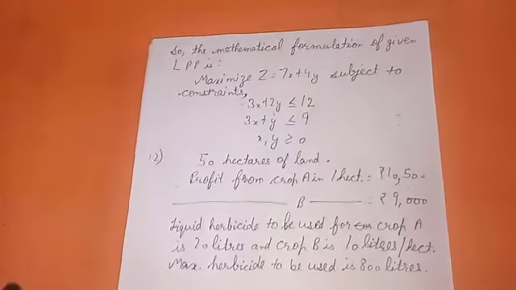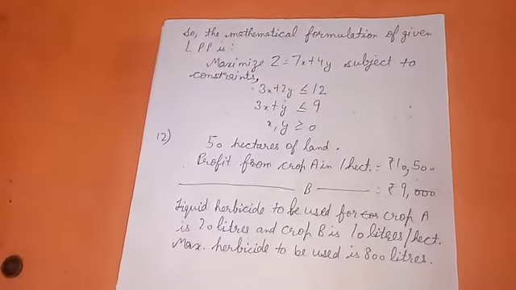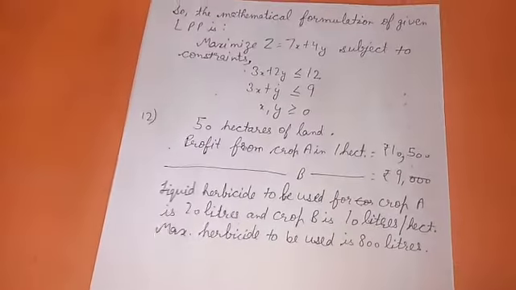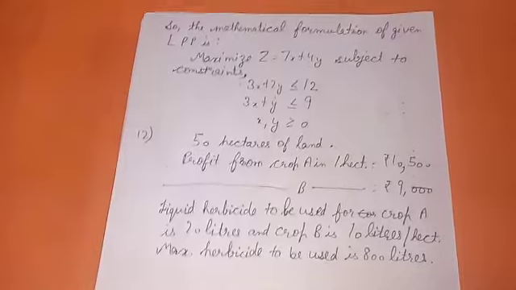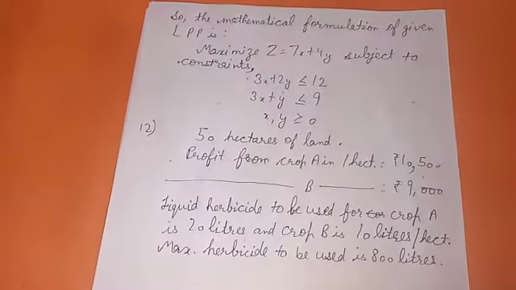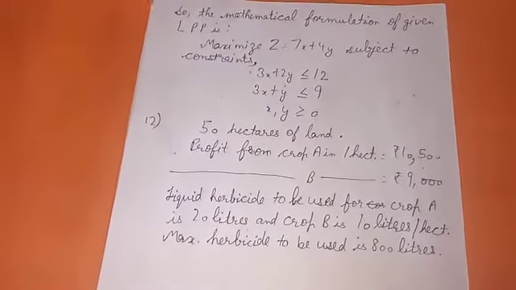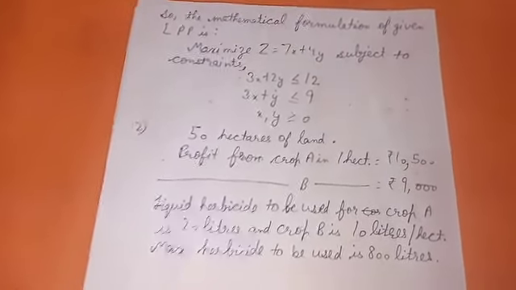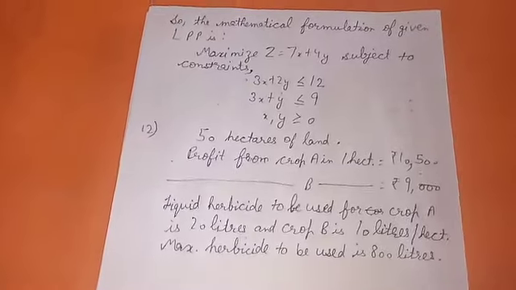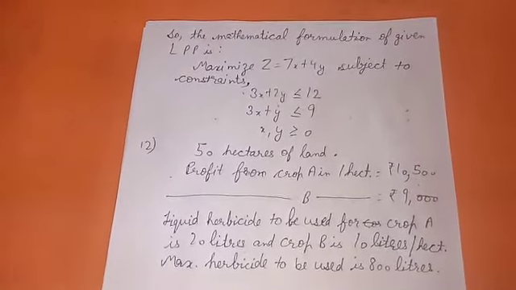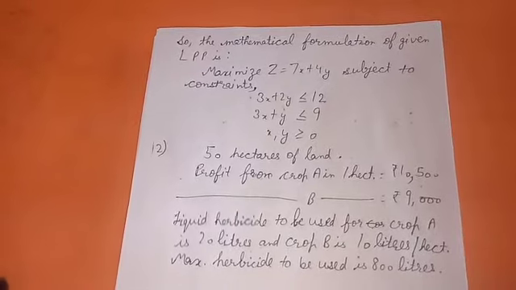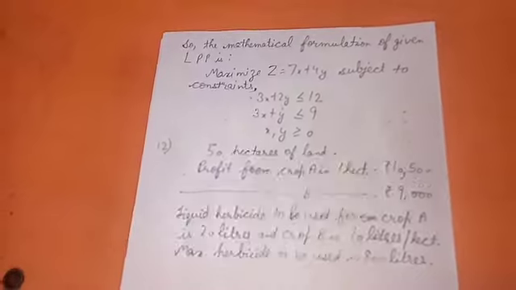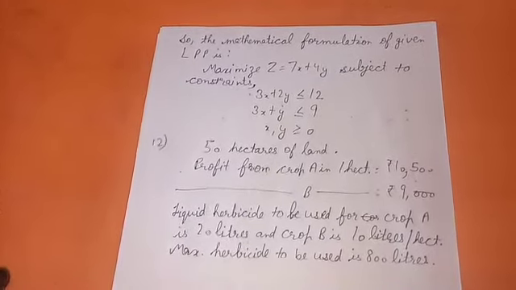Not more than 800 liters of herbicide should be used in order to protect fish and wildlife using a pond which collects drainage of this land. Keeping this in mind that the protection of fish and other wildlife are more important than earning profit, how much land should be allocated to each crop so as to maximize the total profit?